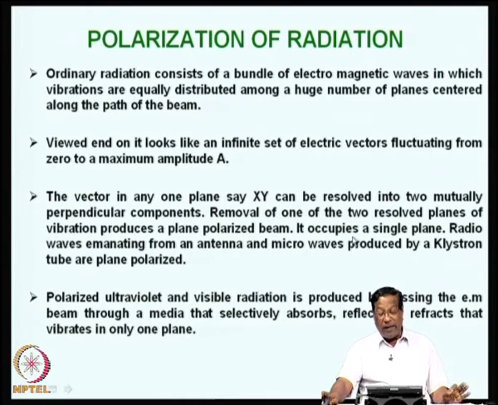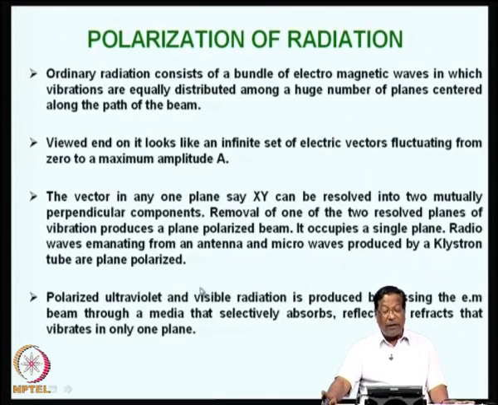It occupies a single plane, and radio waves emanating from antennas and microwaves produced by a klystron tube are plane polarized. These are day to day experiences. You would have heard a lot of FM radio, and you must have a microwave oven in your house; the radio waves and microwaves are plane polarized in our day to day life.